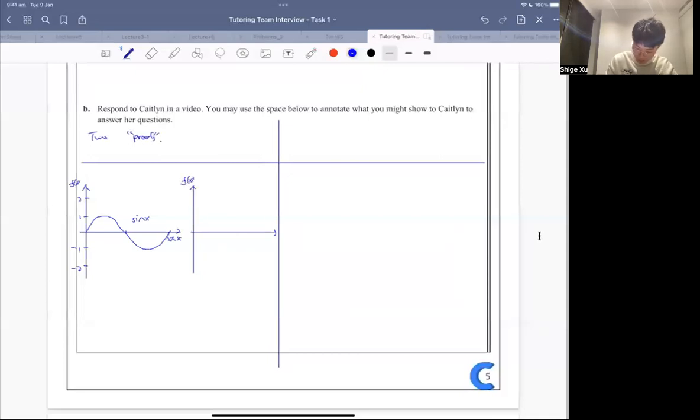And this time it will be a dilation from the y-axis. So it will be f of x equals 2 sine of x. A dilation from the y-axis. The graph of it will look something like this.